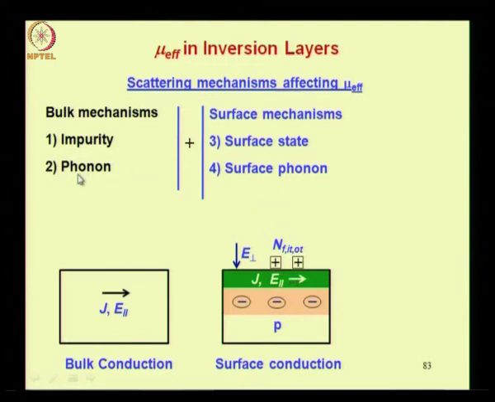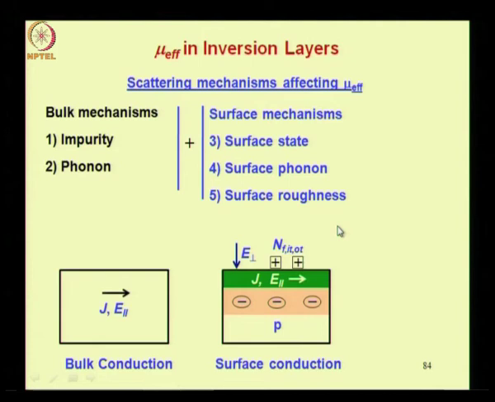Similarly, the phonon scattering in the bulk has an analog at the surface, and that is called the surface phonon scattering. In addition, you have a mechanism called surface roughness scattering, which is related to the roughness of this surface.